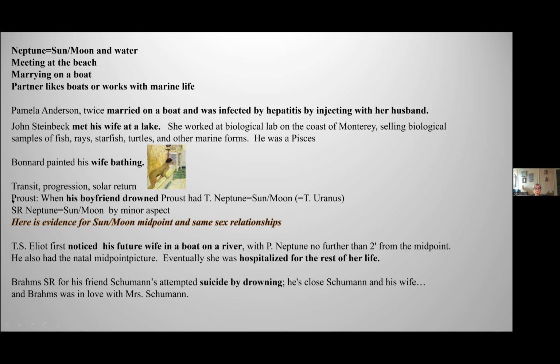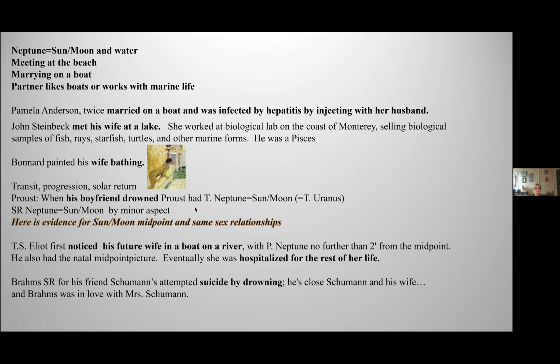Here is Proust again. When Proust's boyfriend drowned, he had transiting Neptune equals Sun Moon. He natally had Uranus on the Sun Moon midpoint, and transiting Neptune triggered off the picture. He also had it in his solar return by a minor aspect. That doesn't bother me.